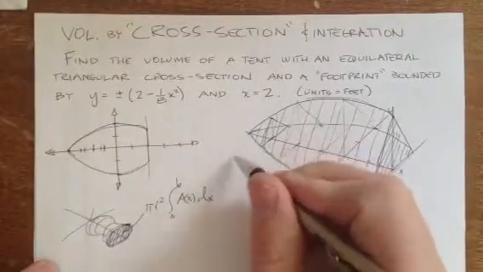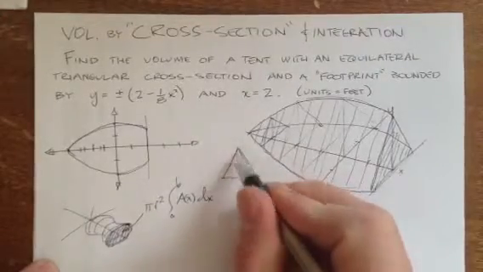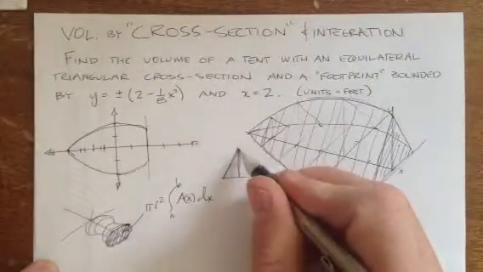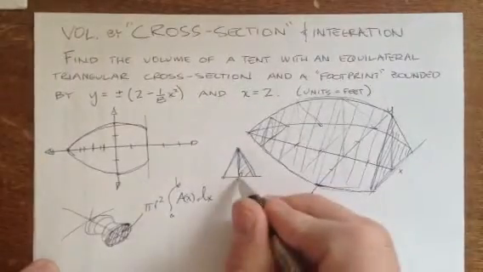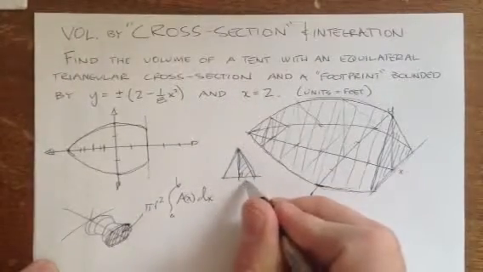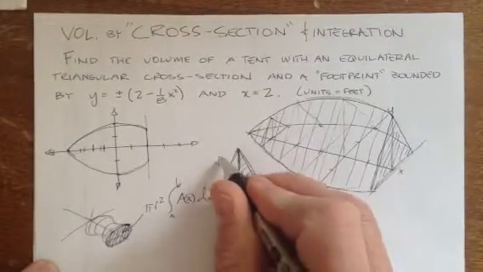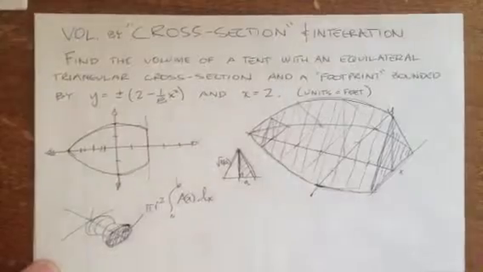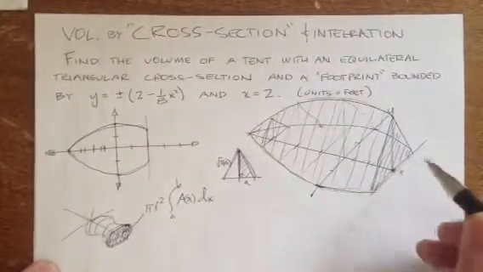So if you recall your geometry of equilateral triangles, if all 3 of these sides are equal, then this is a right triangle, a 30-60-90 right triangle, and if this is some amount like a, then this long leg is going to be radical 3 times a. So here we're going to be at some point x out here. This is when x is equal to 2.